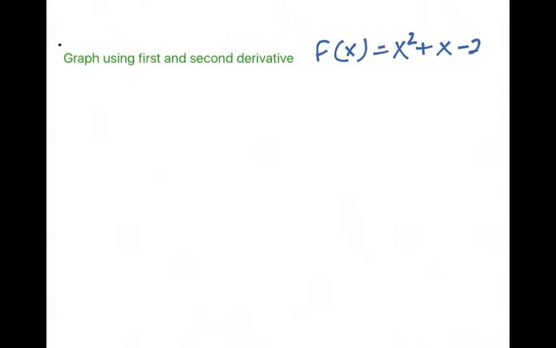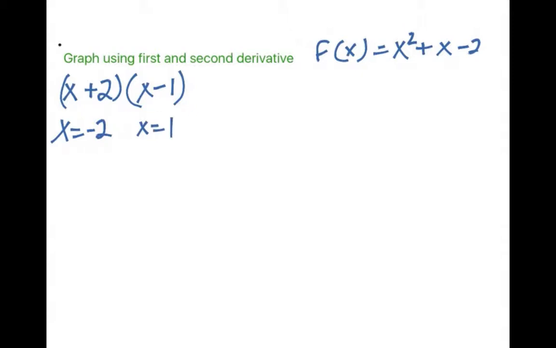First, we need to find out the x and y intercepts of the function. This will be quite easy since it's a quadratic, and we can easily factor. So, (x plus 2)(x minus 1) will give us that our x-intercepts are x equals negative 2 and x equals 1.